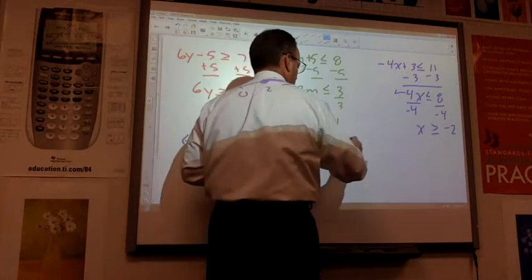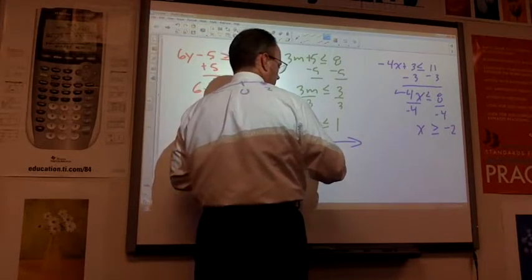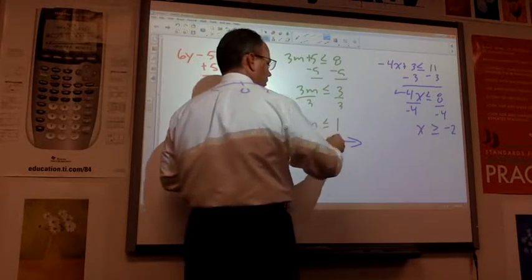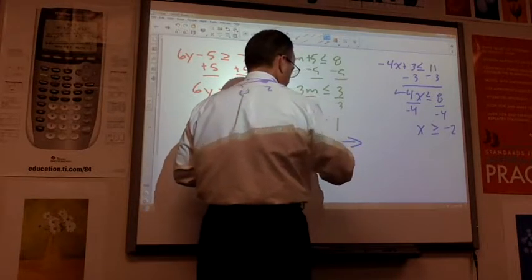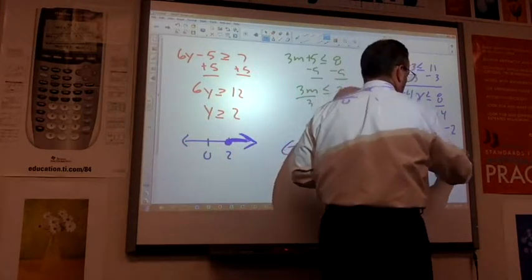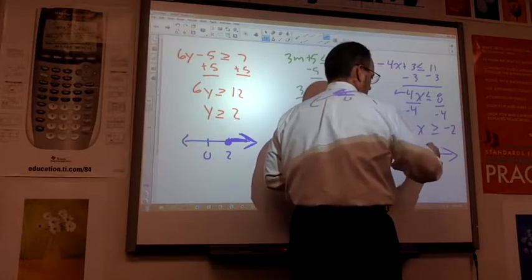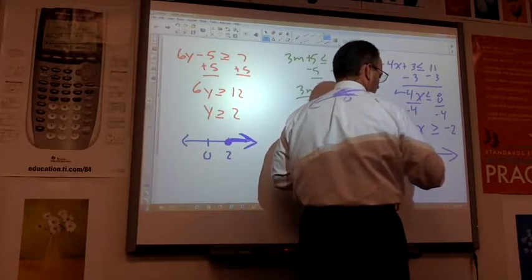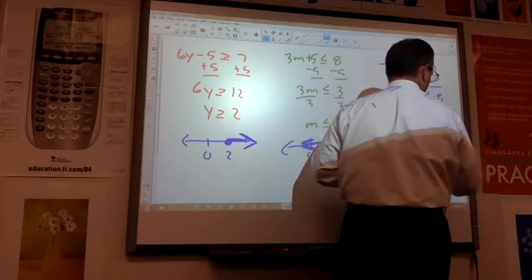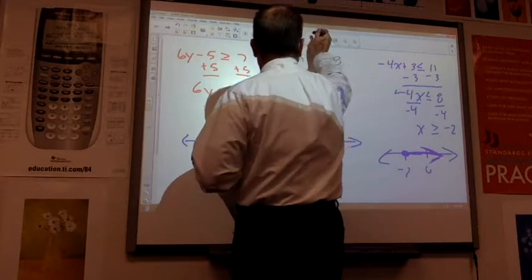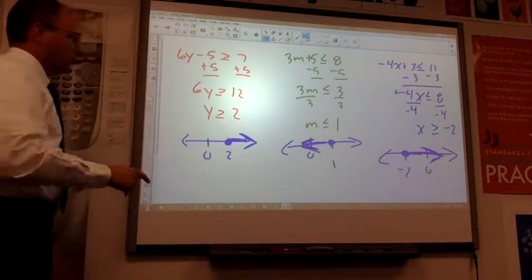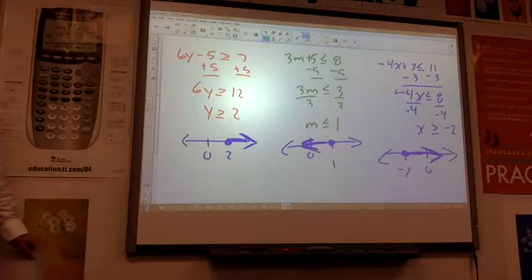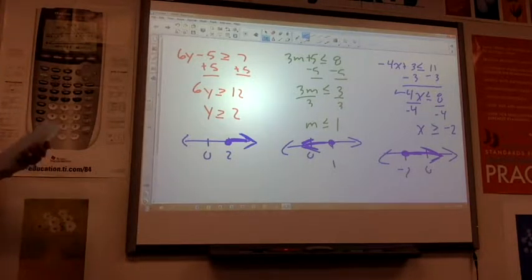This one would have been number line, closed dot, shading left. And this one would have been 0, -2, closed dot, shading right. But just for the heck of it, what if I were to write this?